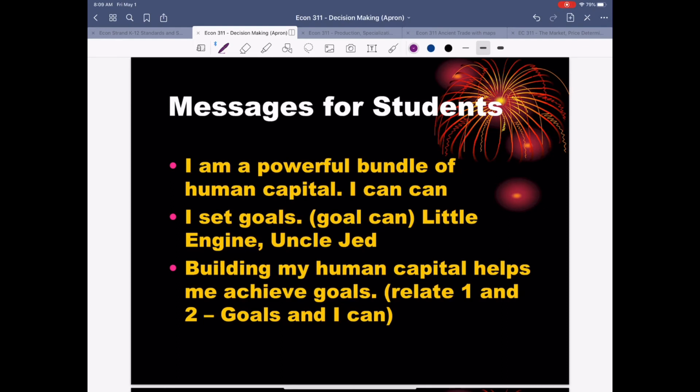For students, we want to be sure that they understand that they can set goals, and there can be a goal can that you keep in the classroom as well. And we want students to understand that building human capital helps to achieve goals. And so you can put this together in the classroom.